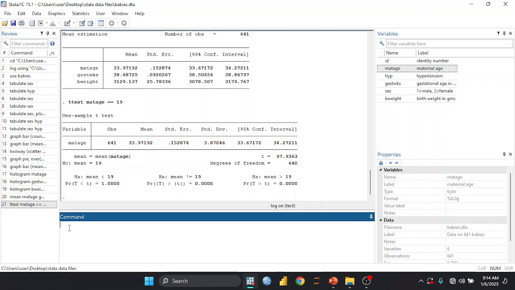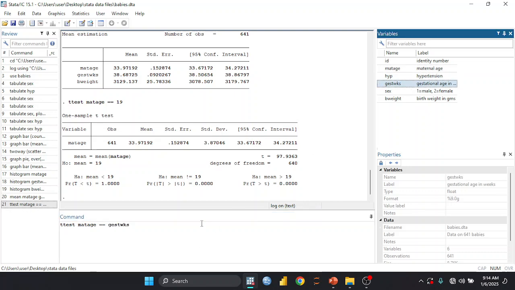All right, so we have t-test again, simple code. T-test, is that properly written? We have t-test max age, okay, I don't have to write it. I try to avoid writing the variables to avoid error. Okay, max age is the same as gestational weeks, right?